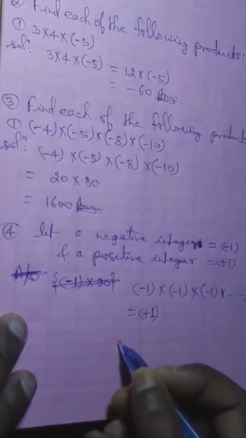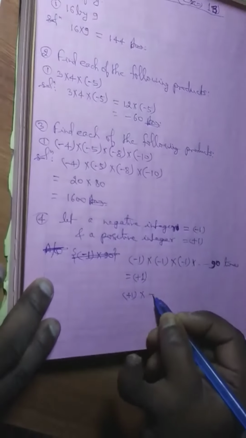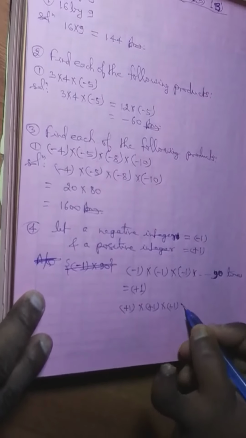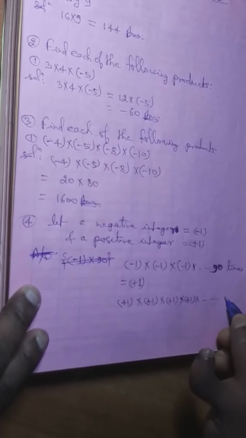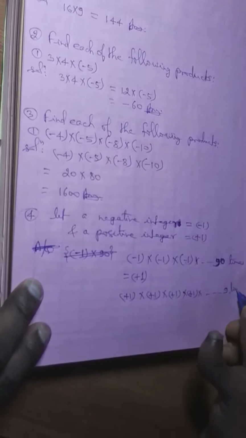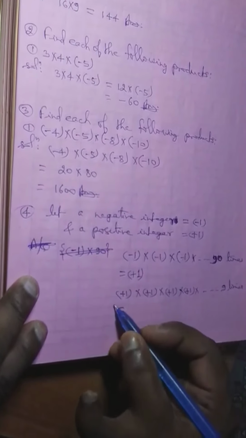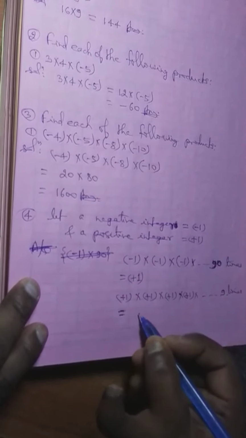Again, plus 1 into plus 1 into plus 1 into plus 1 multiplied 9 times, then the result is always positive, because the product of positive integers is always positive.